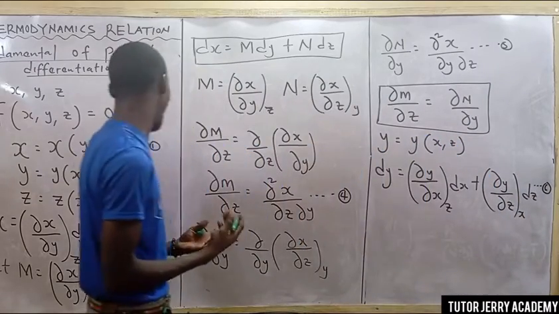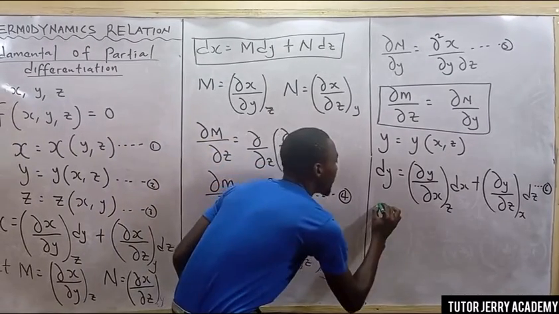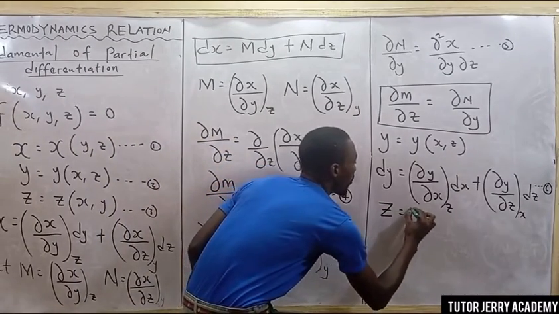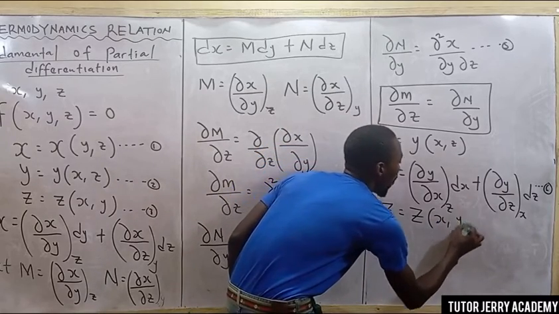All right, so now let's rewrite equation 3 in this format as well. So we said z is equal to z of s comma y.